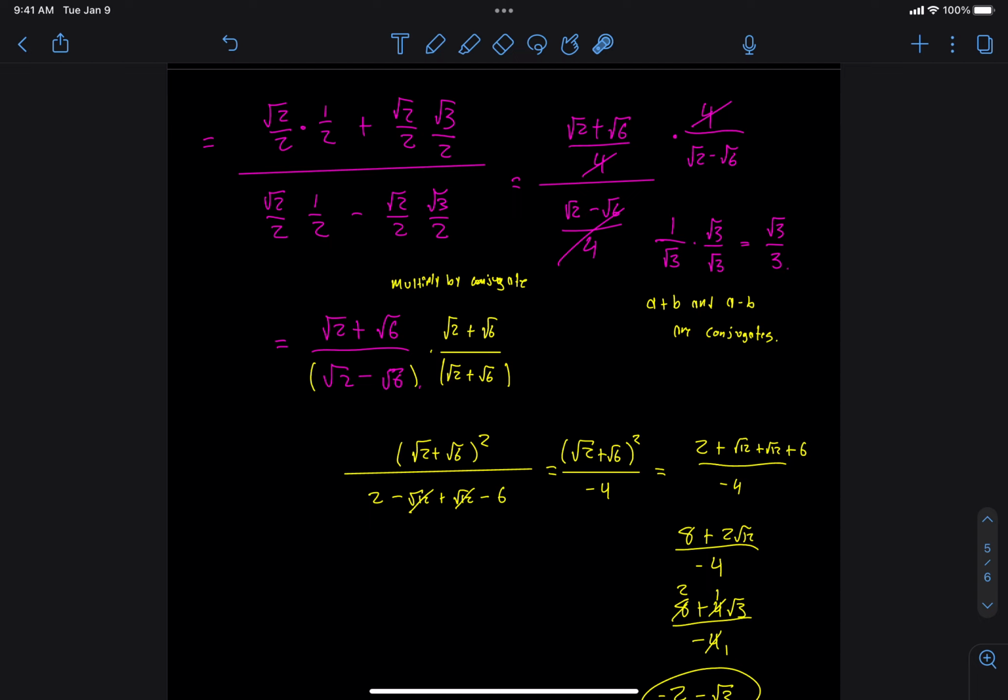Because if we have something like f of g of x, then x needs to be in the domain of g, and whatever is the output of g of x needs to be in the domain of f. Okay, so that was a bit of a sticking point.